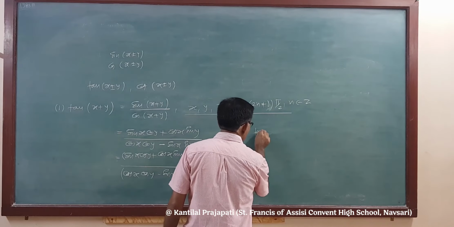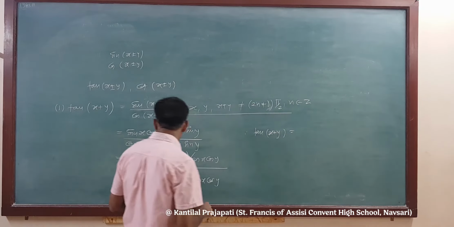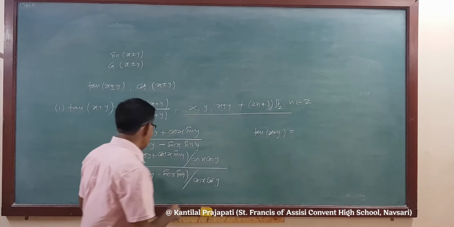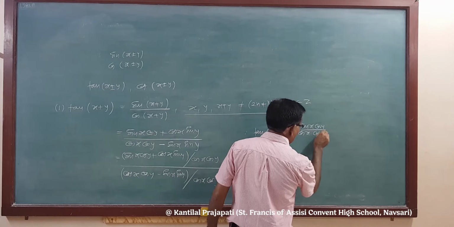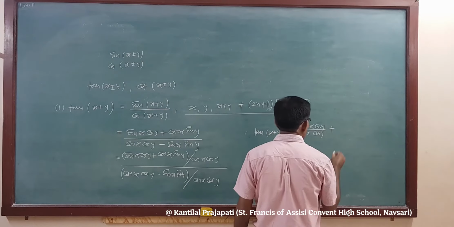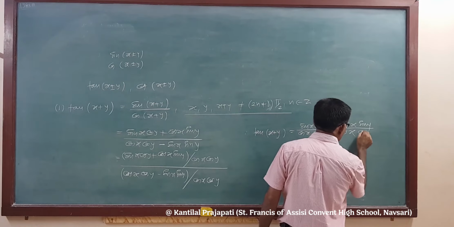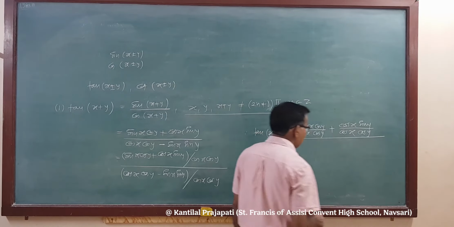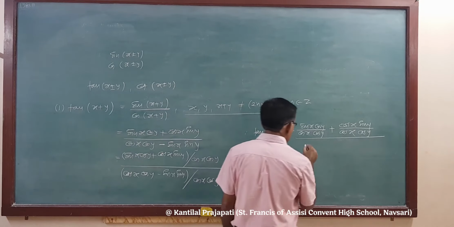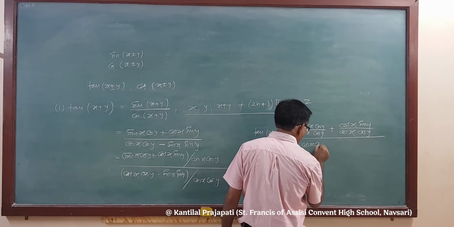And therefore we get tangent of x plus y is equal to, each term divided by cos x into cos y: sin x cos y upon cos x cos y plus cos x sin y upon cos x cos y, divided by cos x cos y upon cos x cos y minus sin x sin y upon cos x cos y.